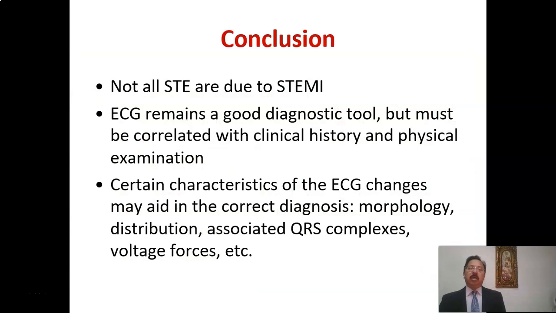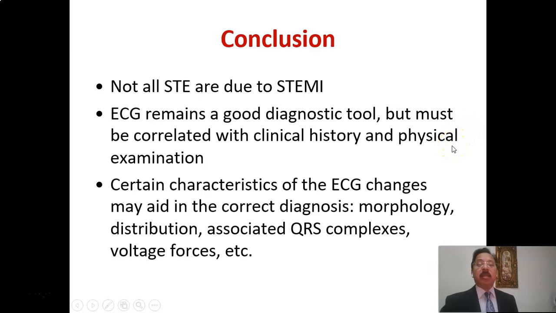So in conclusion, although ST segment elevation is a hallmark of acute myocardial infarction, not all ST elevations are due to STEMI. ECG remains a good diagnostic tool, but must be correlated with the clinical history and physical examination.